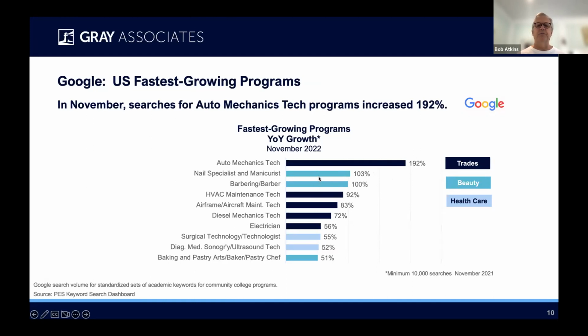We do see some things in the beauty area as well: nail specialist, manicurist, barber, and I think there's a leftover. I meant to put that in trades, but bakery chef down here at the bottom, and a couple of healthcare here. Although you notice, since these programs tend to be so large, getting high percentage growth rates is more challenging. But we've got 55% growth in surgical tech and 52% growth in diagnostic medical sonography or ultrasound tech.